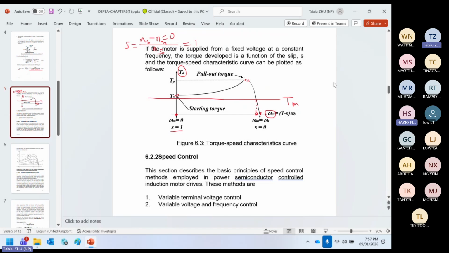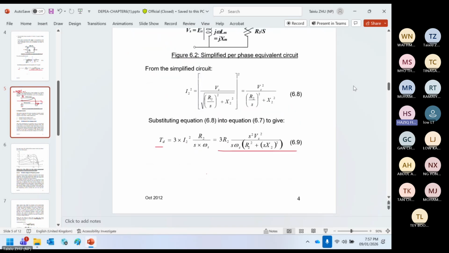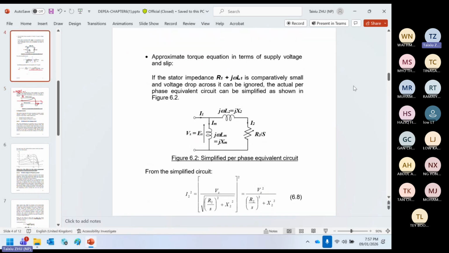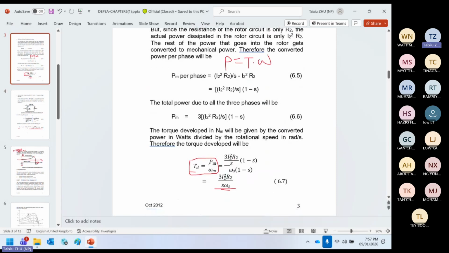Okay. Sure. So if, let's say, the question asks you to find the rated torque of the motor, I use the page 3, the torque equals Pm over omega, right? Correct or not? You mean this one? Yeah, you use this one if you want to find the rated torque.